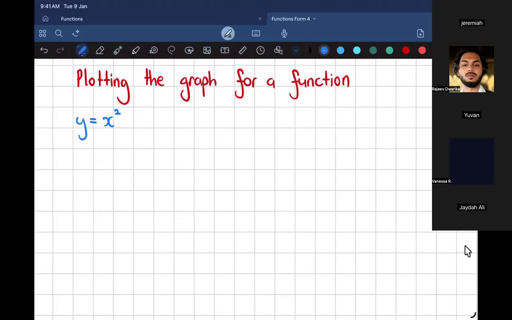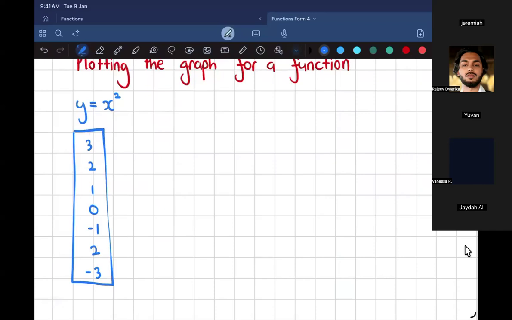If I want to see how that function would look, I would need points to connect. To generate points, you plug in x values and see what you get for y. So let me give you a couple of x values. We could use 2, 1, 0, -1, -2. I could even do 3 and -3.